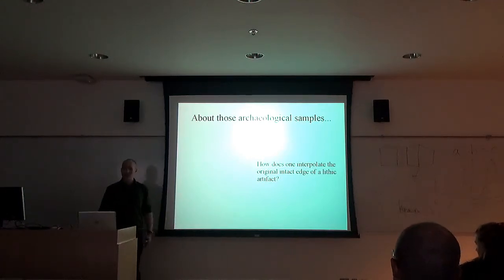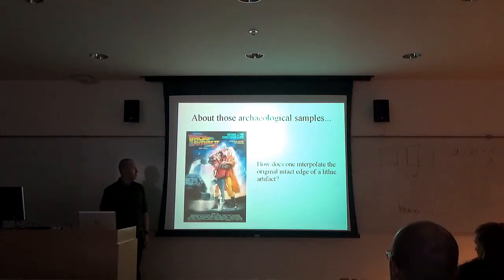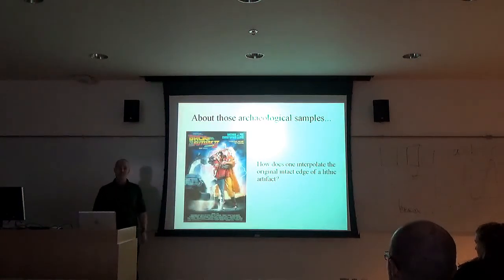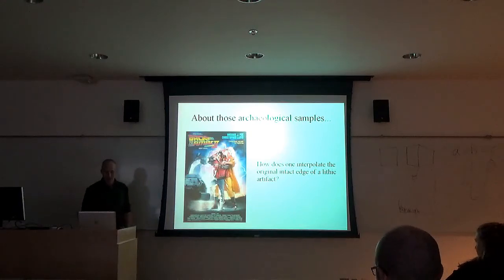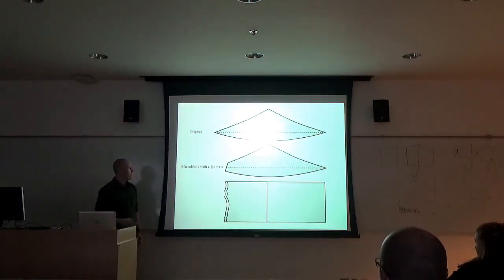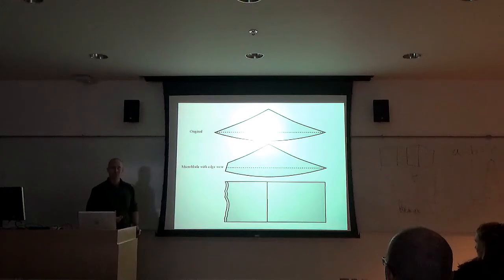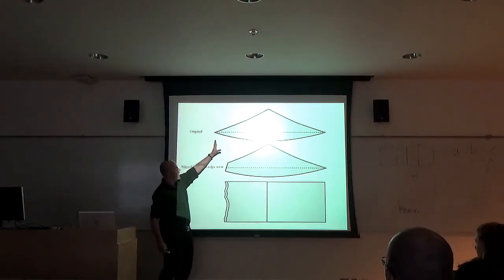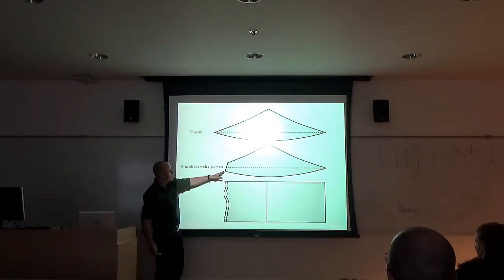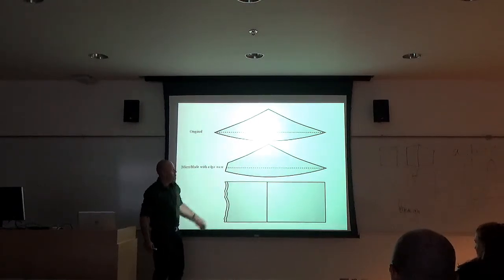And the answer, being 2017, is obvious, or it would be if the physics community didn't let us down and didn't have Mr. Fusion ready. Instead, we have to make do with digital reconstruction. So if you think of an intact microblade, the microblade is used and there's some edge wear.